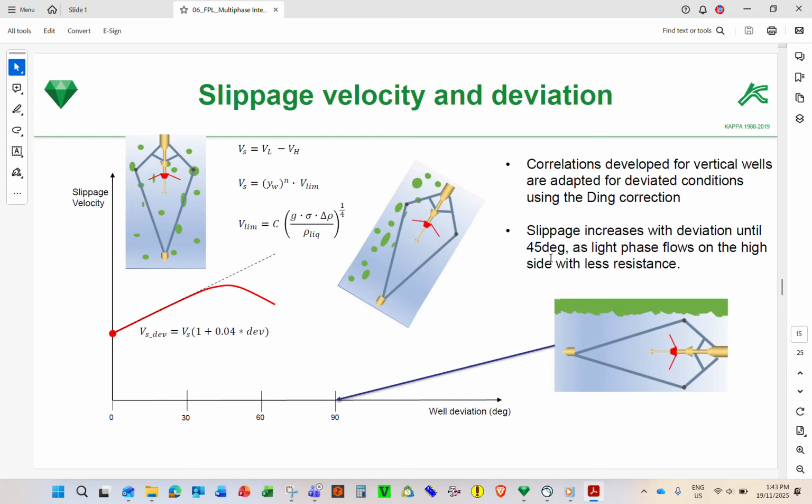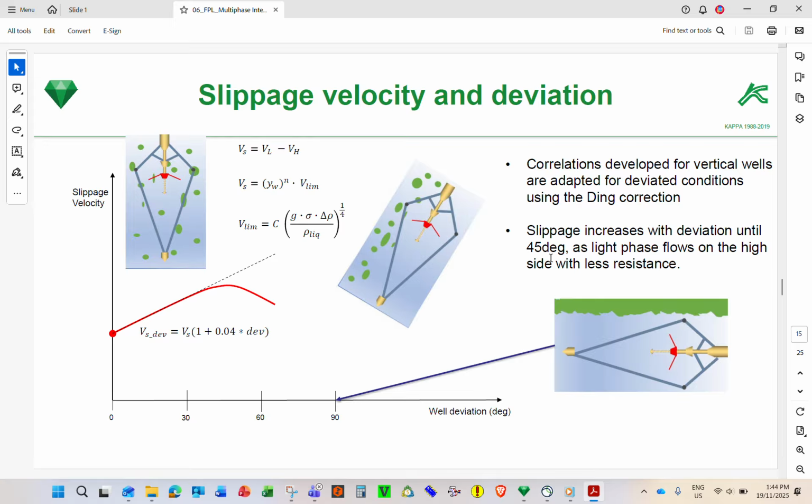The deviation there is in degrees and not radians. So if it is 45 times 0.04, what is it? It's 1.8, so 1.2 is a 20% increase. So it's a big difference.